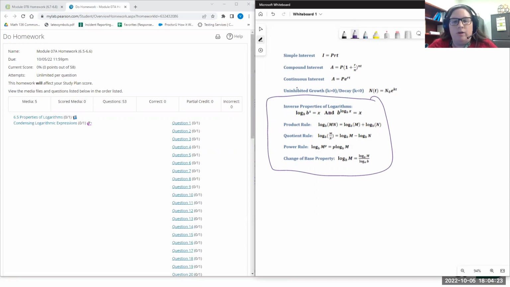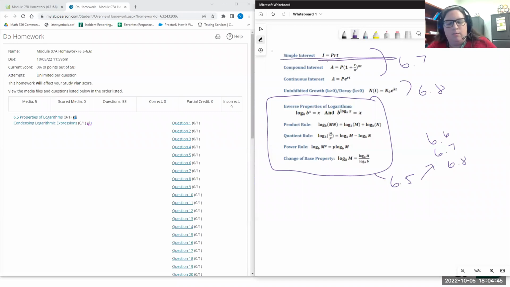Pretty much all of section 6.5, which also gets applied to 6.6, 6.7, and 6.8. But then you have these directly from 6.8 and 6.7, and honestly the PRT you're not going to use for this. That applied back in section 1.7 when you were doing interest one year at a time. Pretty much when you're doing interest in 6.7, it's going to be these compound interest formulas.